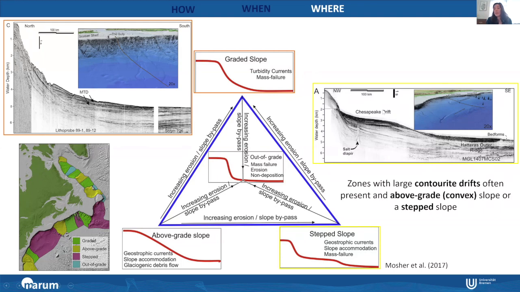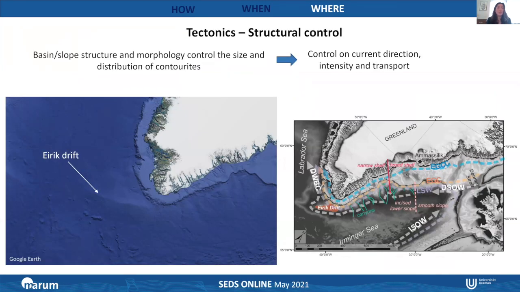But when contour currents dominate the deposition, then the formation of these drifts generates above-graded slopes. So it's like a plastered drift with this convex morphology, or stepped slopes. And this is typically also when we have the terraces and the plastered drift below that is going to form these particular shapes.